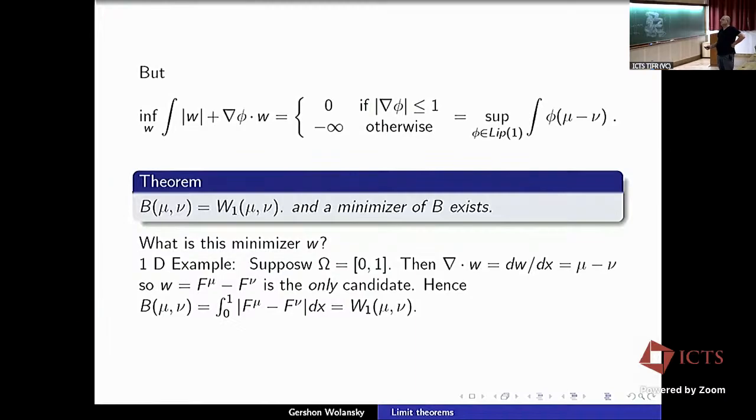Just the derivative of W. If it is mu minus nu, then W is just the difference between the two accumulation functions. Right? We integrate mu, we get the accumulation function. So the integral of the absolute value of W is just the absolute value of the difference of the accumulation functions, and we already calculated it to be W1 on the line.